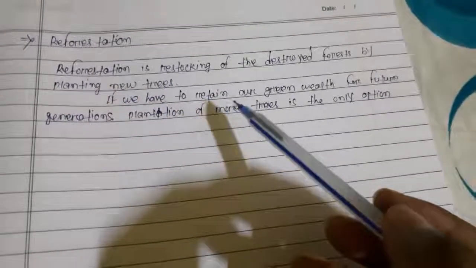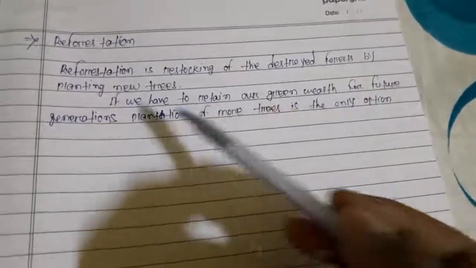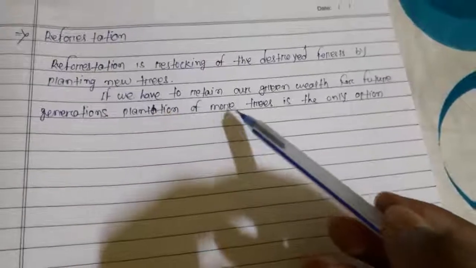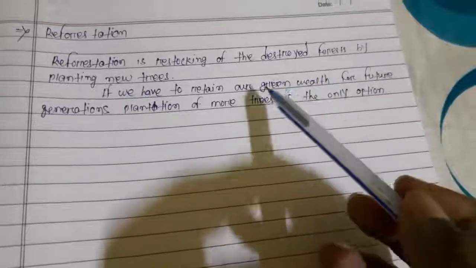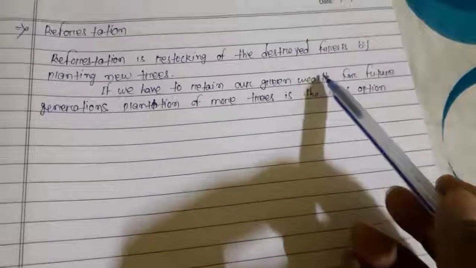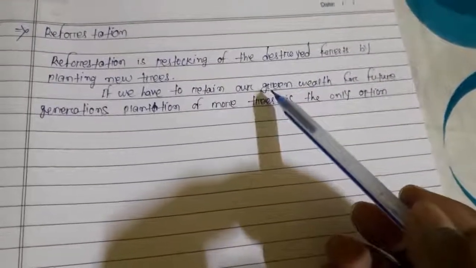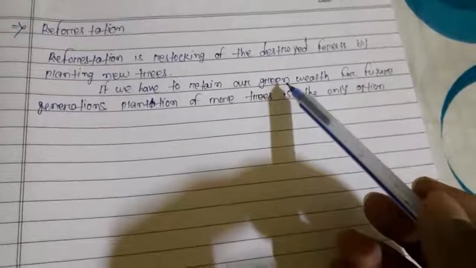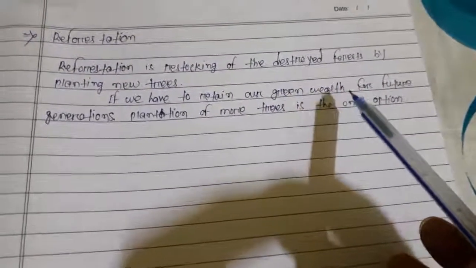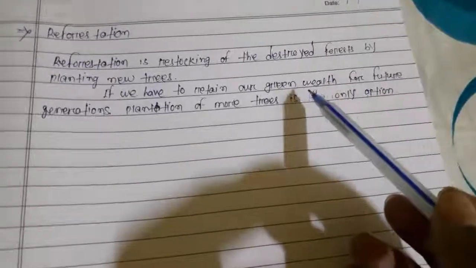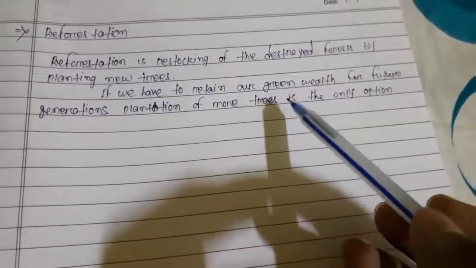We have to retain our green wealth for future generations. Plantation of more trees is the only way. Green wealth means sufficient forest everywhere. Only then will the green wealth be saved. That's why we have to plant more and more trees.